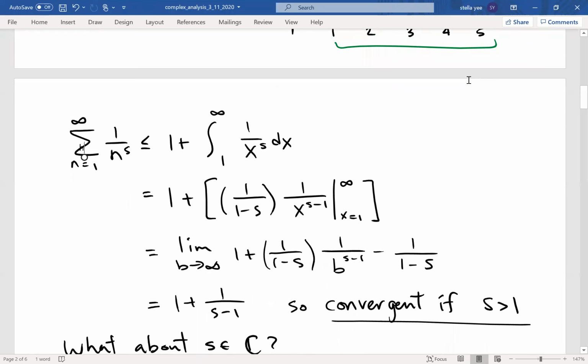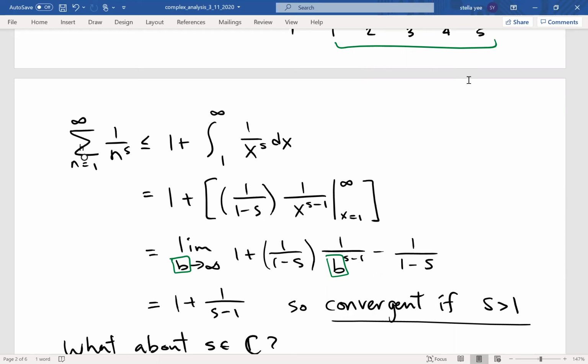Okay, we could just use the power rule, right? So we could add 1 to the power and divide by that power. And then we're going to plug in. I can't plug in infinity, but I can replace that with a variable b, and then plug it in, and then take the limit as b goes to infinity.